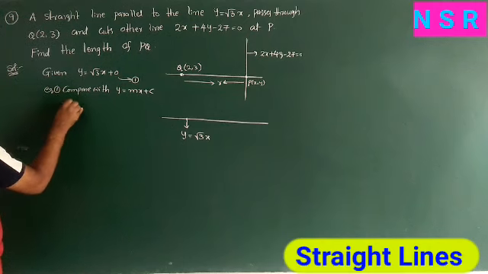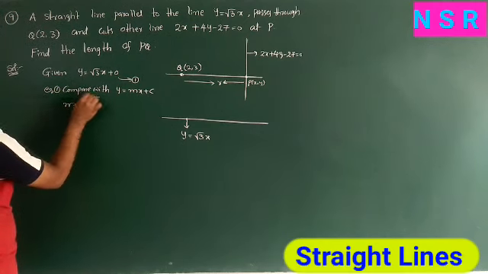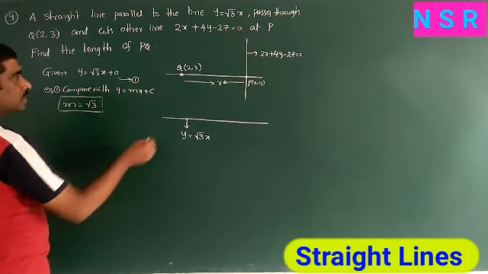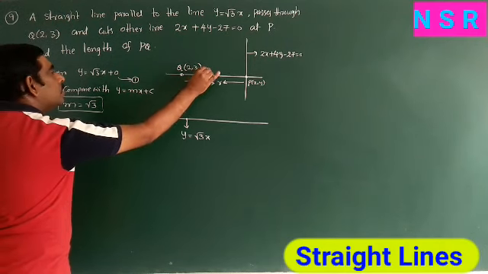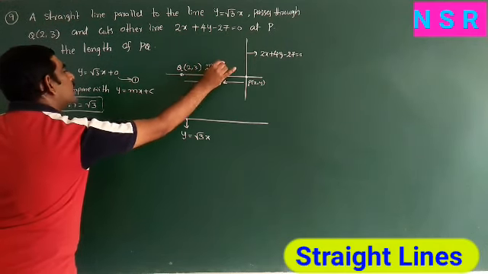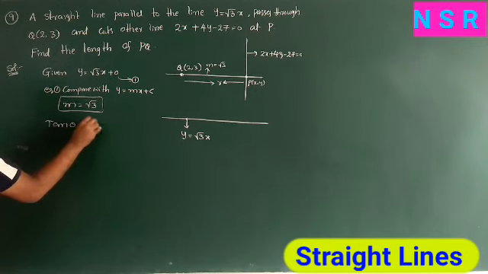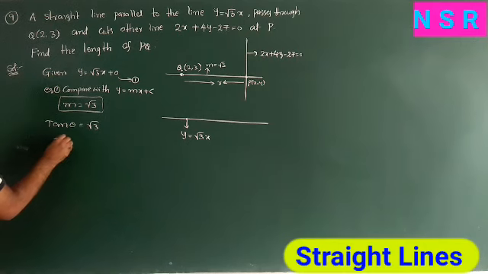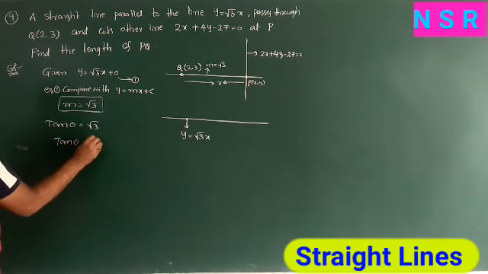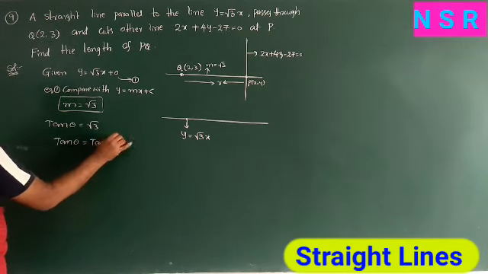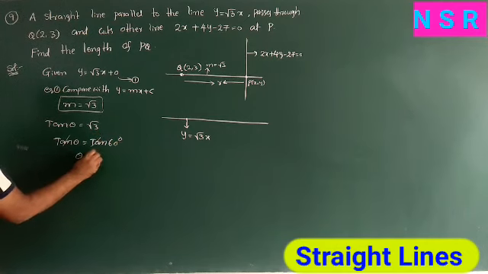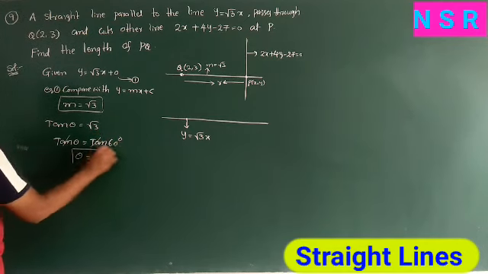Now here m is equal to root 3. So this is the slope of this line, then automatically the slope of this line is also root 3. Why? Because these two lines are parallel. So m means tan theta. So tan theta equal to root 3. tan of root 3 we get at 60 degrees, write tan 60 degrees. So tan gets cancelled, theta equal to 60 degrees.